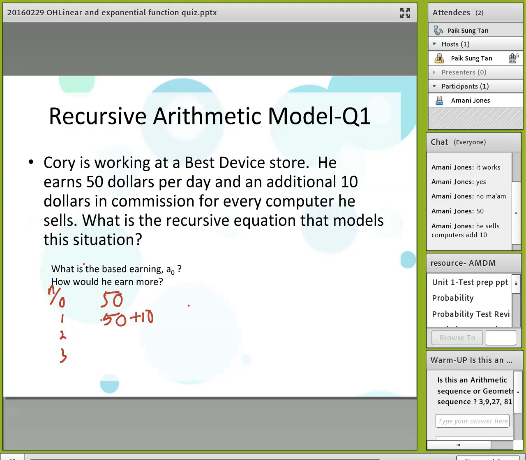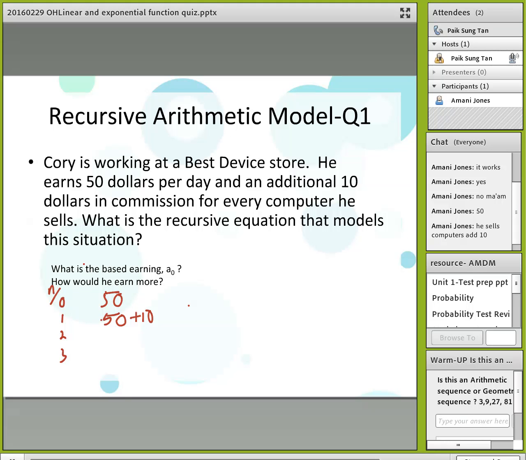And then he gets 60. And then he's selling 2 computers, it will be 60 plus 10. It's not easy to write here. Well, you get the idea, you add 10 each time, okay?